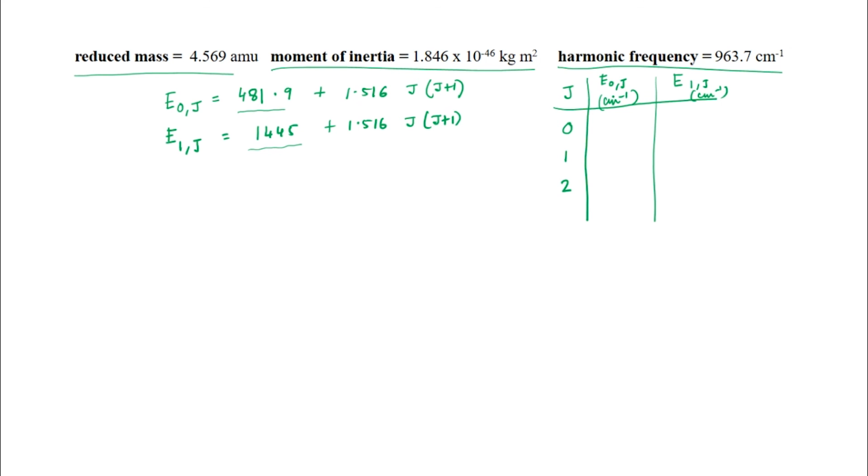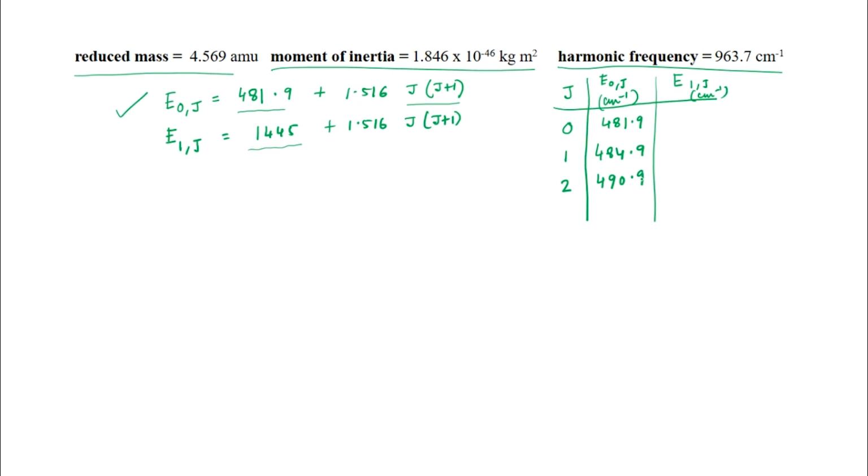So, if you do the calculation with this energy expression, you get the energy as 481.9, because here j equals 0. If you put j equals 1, you get 484.9. So, you see the energy increases, and for j equals 2, V equals 0, the energy is 490.9.